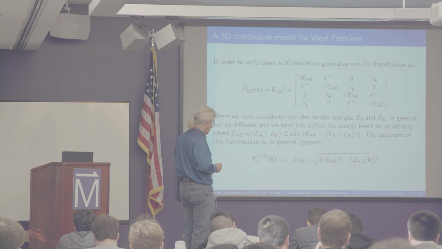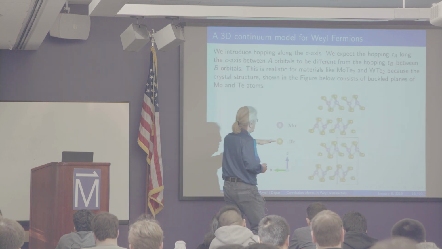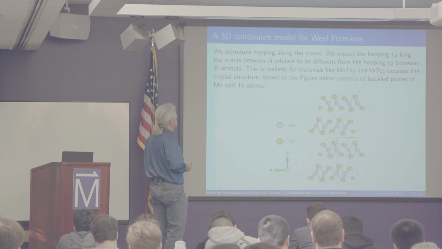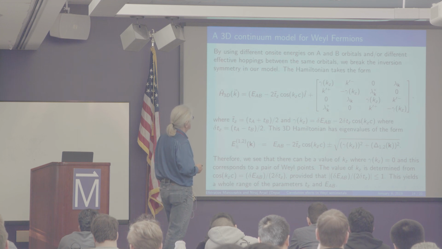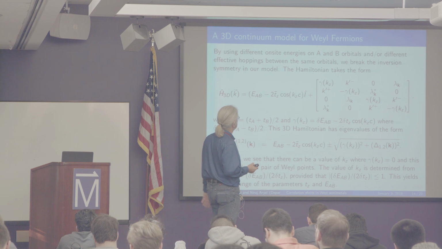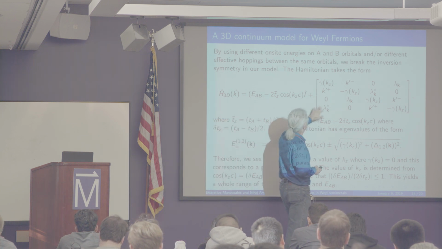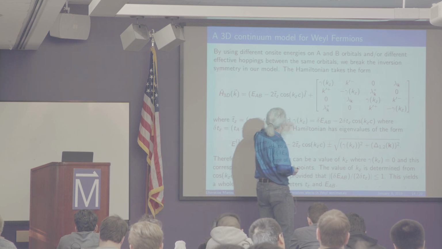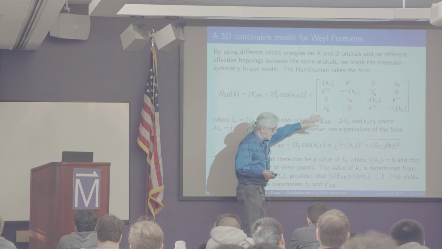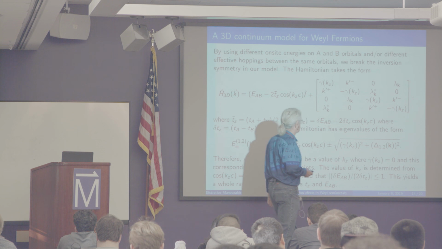diagonal elements like this. The point, though, is that I can introduce hopping in the perpendicular direction. And if I do that, then let's say I introduce hopping between A orbitals and B orbitals independently. Then I can rearrange these terms again the same way, by adding and subtracting a constant. This is kz dependent, but it's a diagonal constant. And this matrix now takes the same form as before.